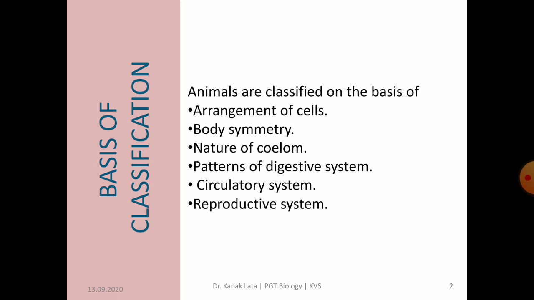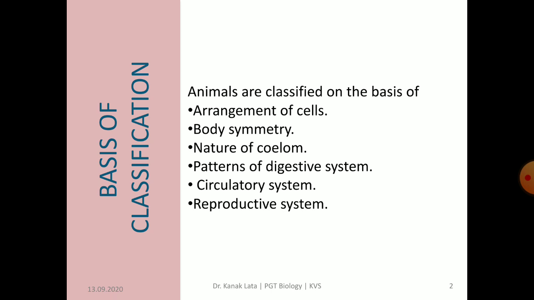Next basis is patterns of digestive system. It may be an incomplete digestive system or a complete digestive system. Incomplete means there is only one opening for intake of food as well as elimination of feces.